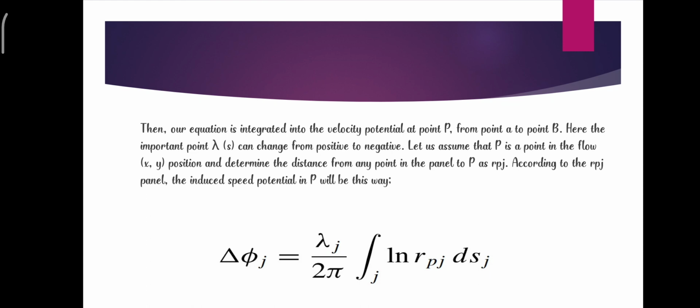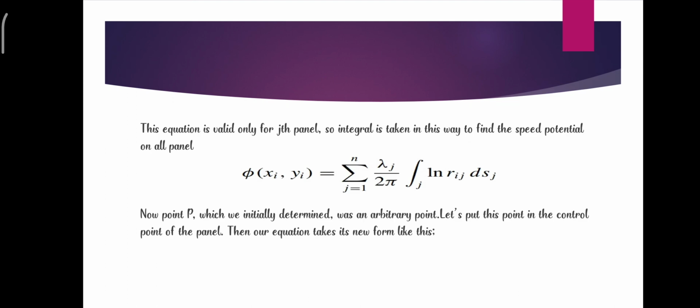In this equation the integral takes the form, according to the panel j, including the speed potential at P. Δφ_j is equal to λ_j / 2π times the integral of ln r_Pj ds_j, and it is the equation for the value of the panel.